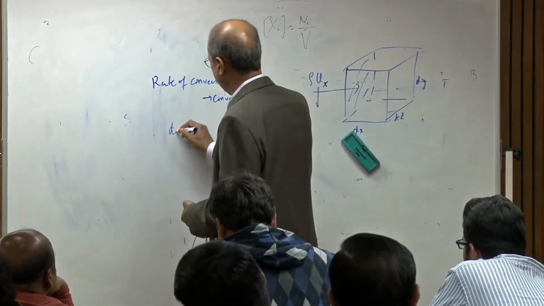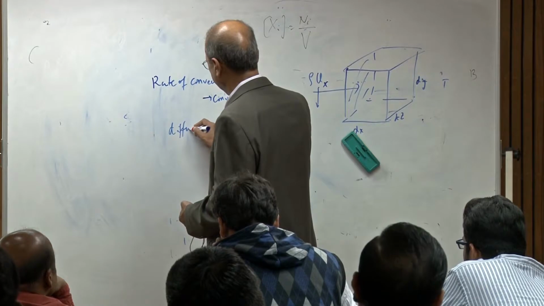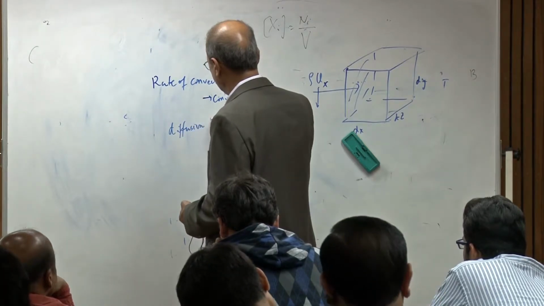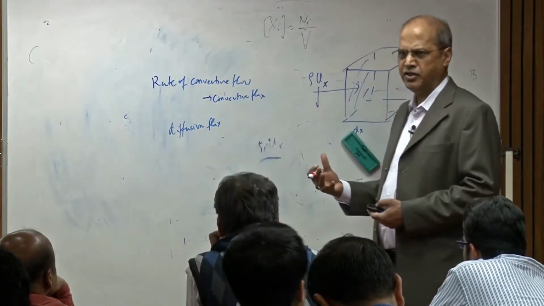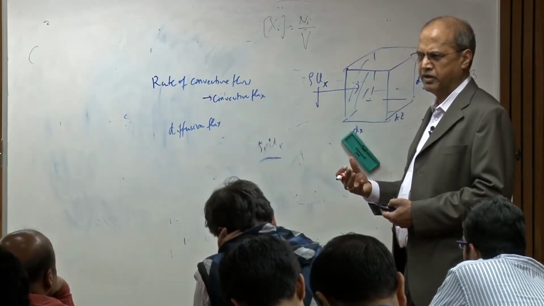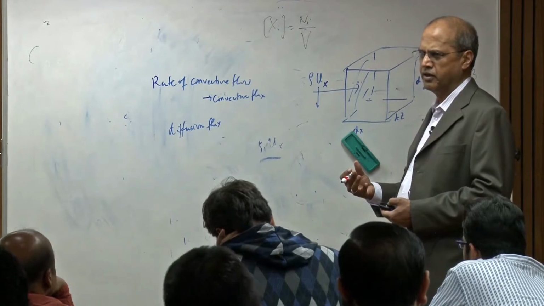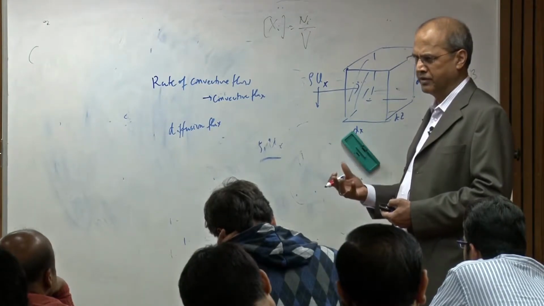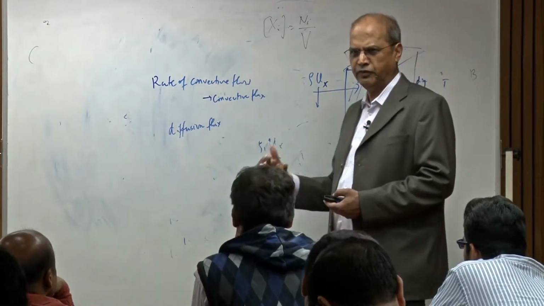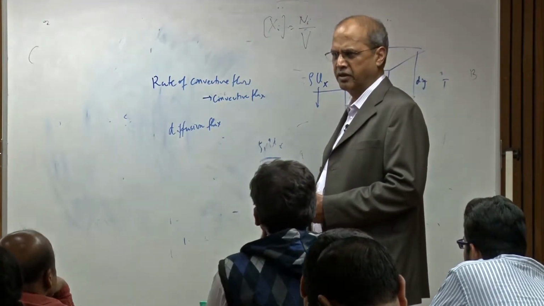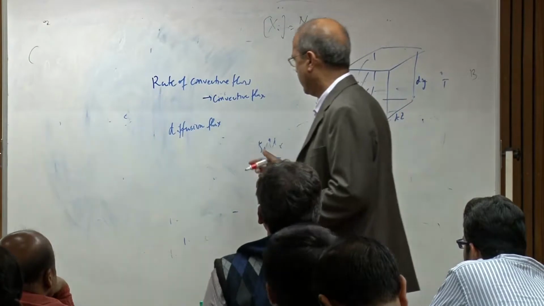So now you also have diffusion flux. Conduction we use for heat transfer in terms of temperature, whereas diffusion we use for the mass. But you can also use diffusion for the heat, conduction or diffusion.